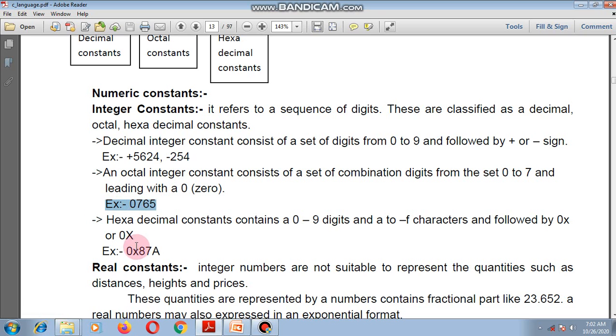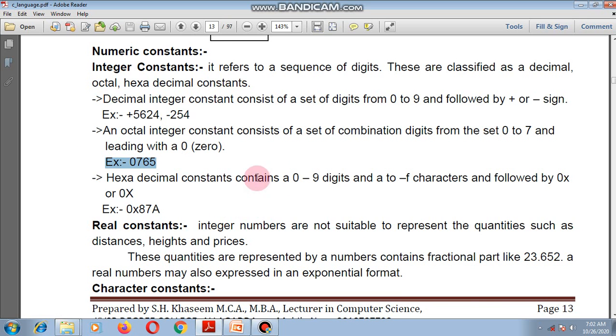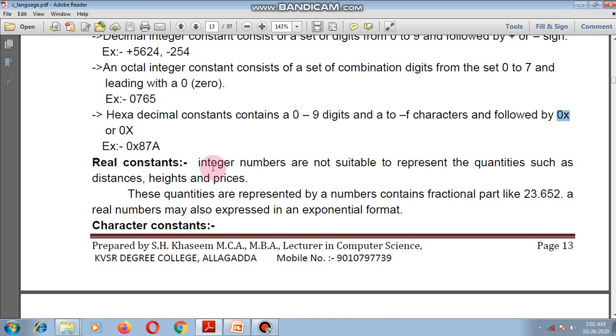A hexadecimal constant contains digits 0 to 9 and characters A to F, and it is preceded by 0X. Real constants are used to represent numbers with a fractional part.